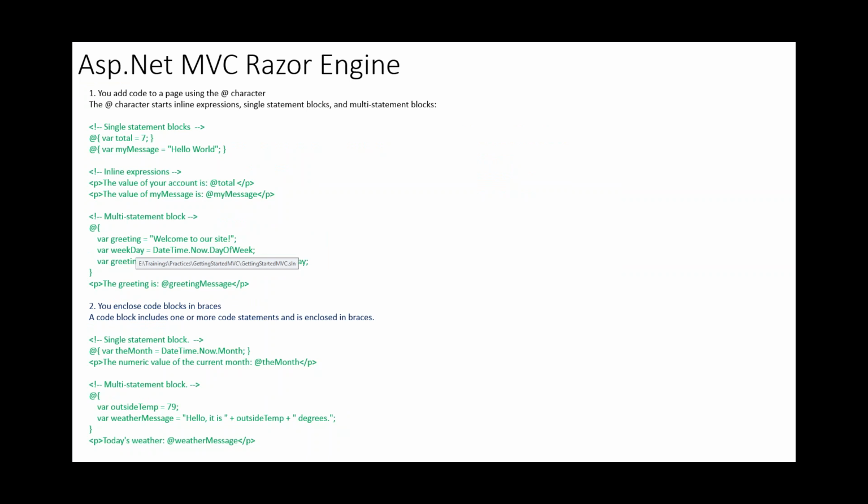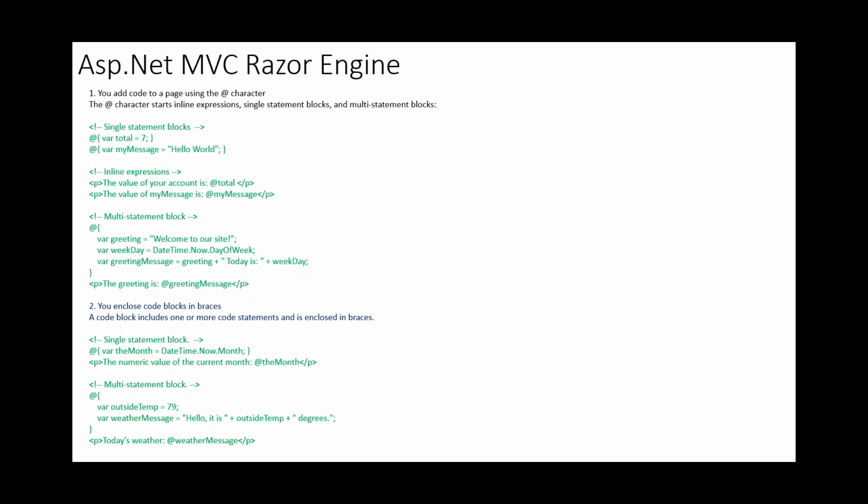Okay, so just like in your C sharp, the variables you can declare here. So for single statement blocks, you use those curly brackets. Okay, and var total equal to 7. Here total is a variable and var is a keyword. The total data type will be decided at the time of compilation or at the time you assign a value to it.